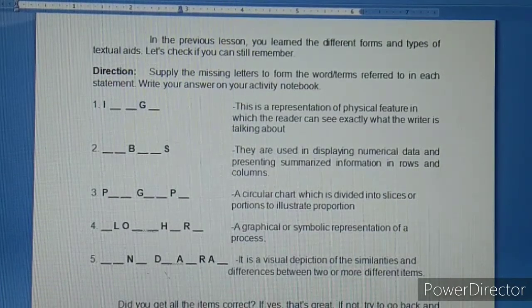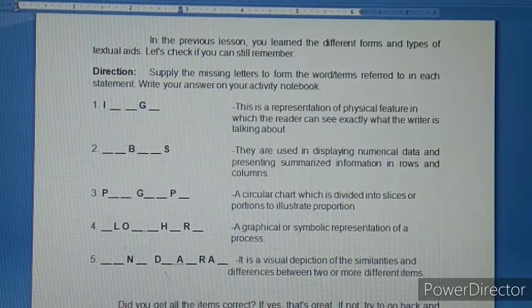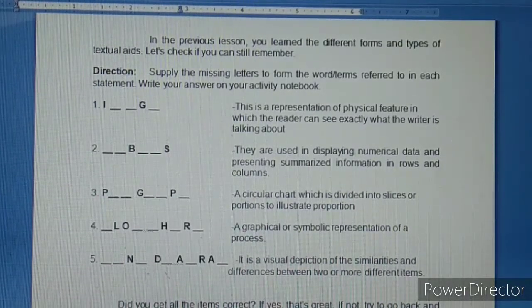The correct answer for number 1 is image. Number 2. They are used in displaying numerical data and presenting summarized information in rows and columns. This question has been asked already during the previous activity. So the correct answer for number 2 is, of course, tables.